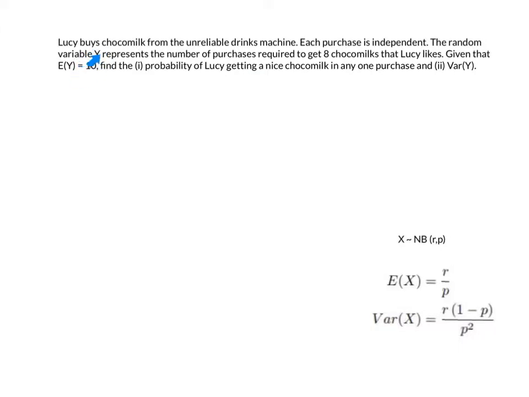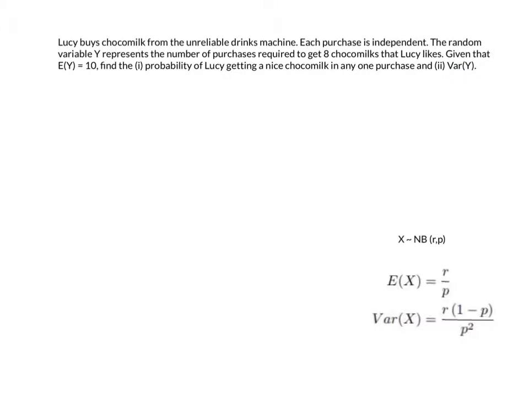So not every purchase will necessarily give you a good choco milk. This could be any number from 8 upwards. We need at least 8 to get 8 good ones, but it could be any number above that. Given that the expected amount, E(Y), is 10, we're going to find the probability of Lucy getting a nice choco milk in any one purchase, and we're going to find the variance.